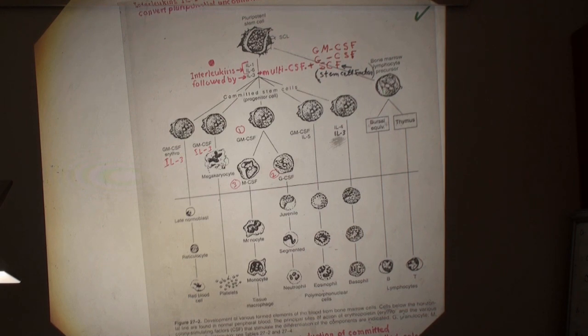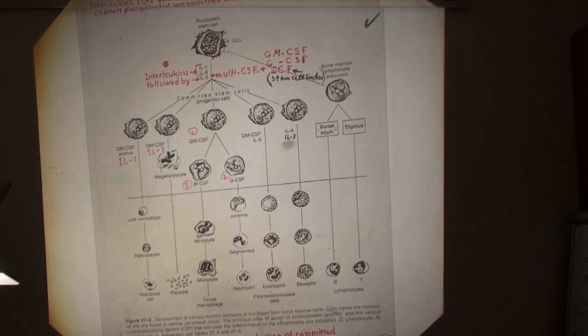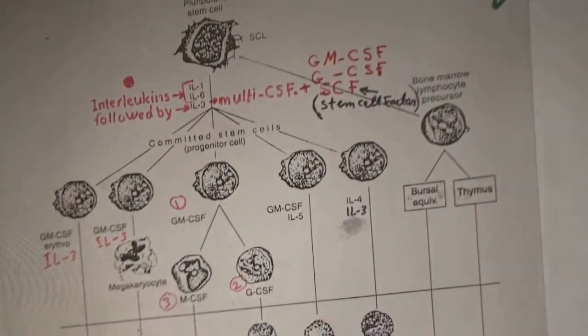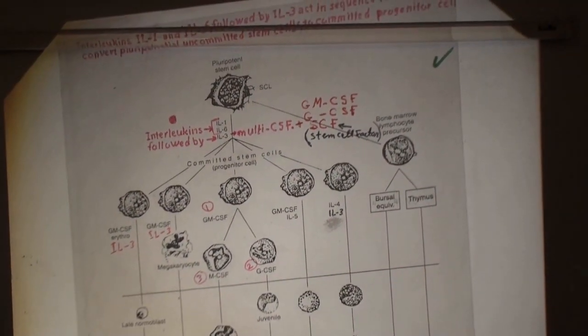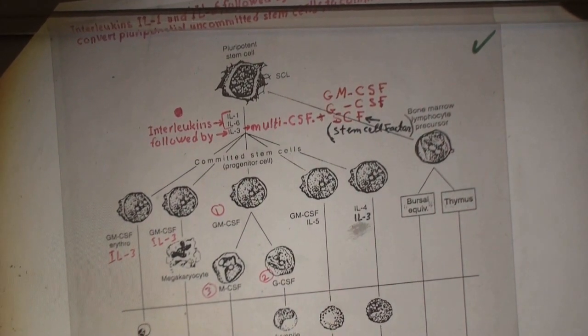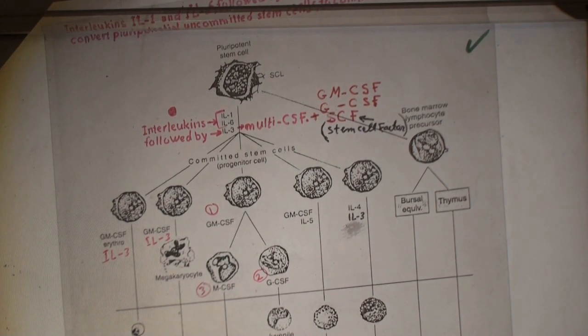This figure shows the leukopoiesis, the production of the white blood cells. The production of the white blood cells is the most complex, the most complicated process in the body because of the following points.